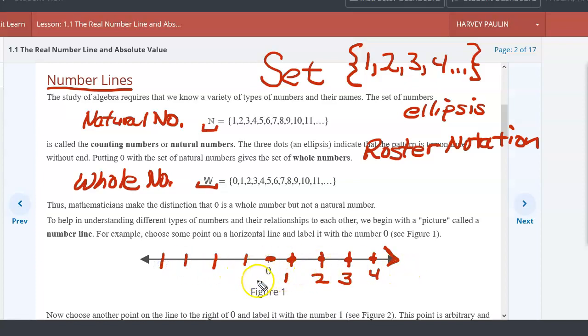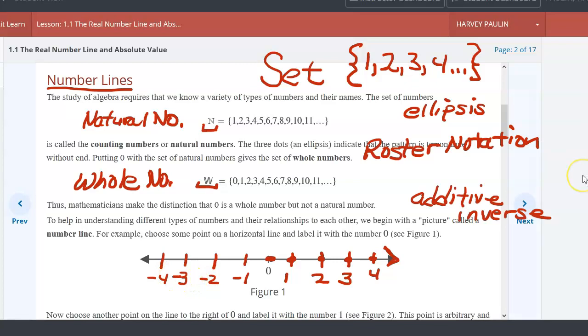Now, primitive man didn't know this, but as man started to think and develop mathematics, they developed it. So what would we add to a positive 1 to make it a 0? Well, that would be a negative 1. And to a positive 2 to make it a 0? Well, a negative 2.